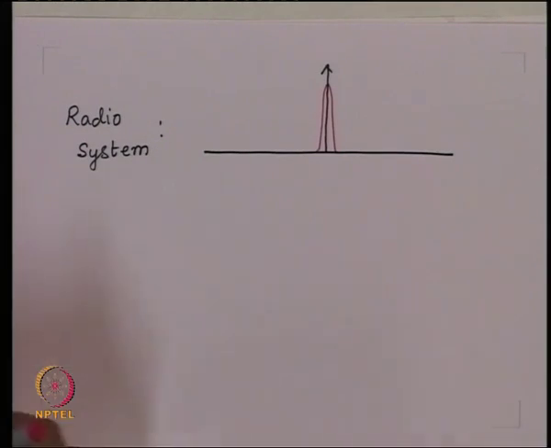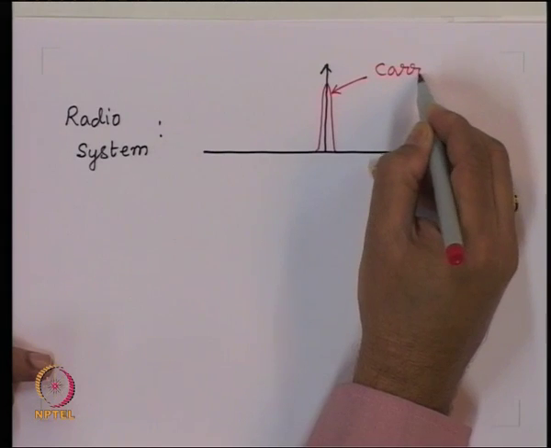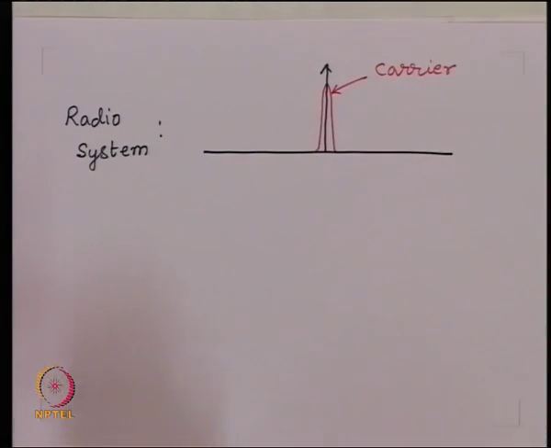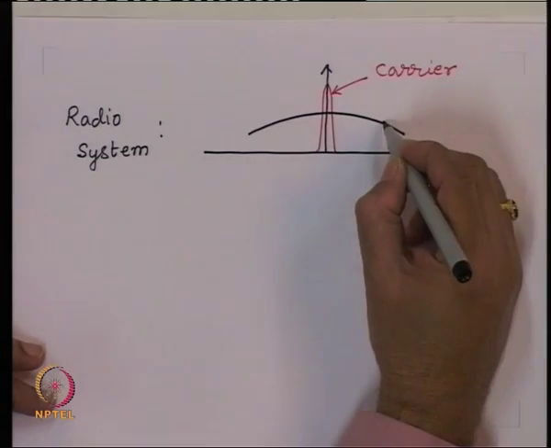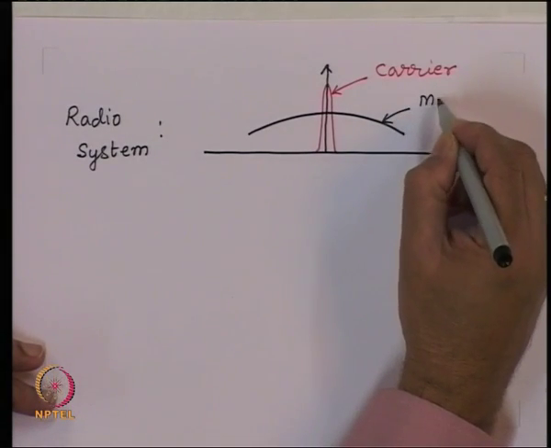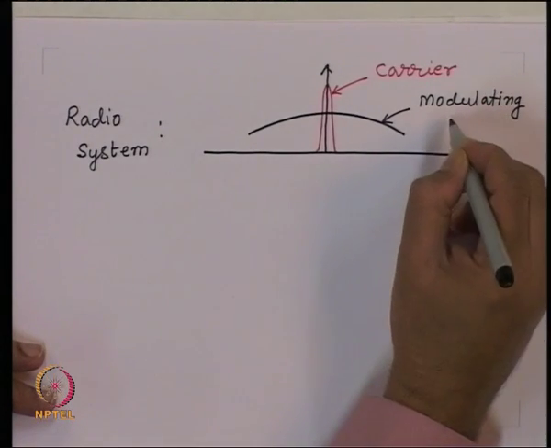So this is my carrier frequency, whose spectral width is much smaller compared to the modulating signal. So my modulating signal spectrum was like that.